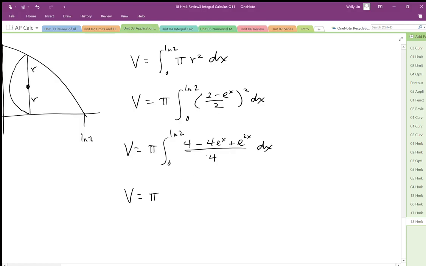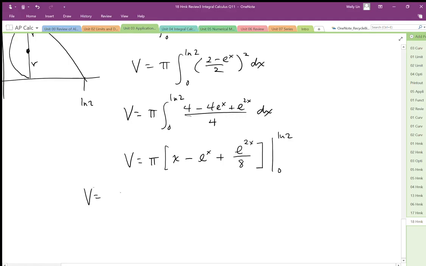The integral of 4 over 4 is going to be x, just 1x, minus 4 over 4, that's going to be 1, so the integral of e to the x is e to the x. Then e to the 2x divided by 4, the integral is going to be e to the 2x divided by 4, and then divide by the 2, so I'm going to get divide by 8. There's my integral, and then I'm going to put my bounds in from 0 to log 2.